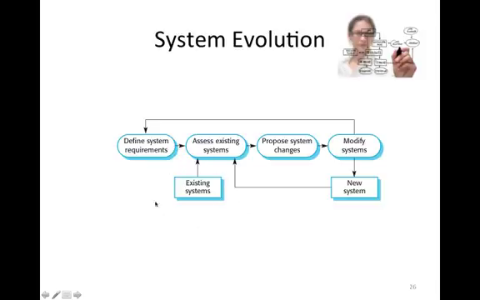So if you needed to add functions to your system, you're going to analyze your existing system and define the requirements within the context of that existing system. The changes get proposed just like they were before, they get approved, those requirements get implemented, the system gets modified, and now you have a new version of your system that's been changed. This is a really important cycle that goes on in virtually every organization that has software.